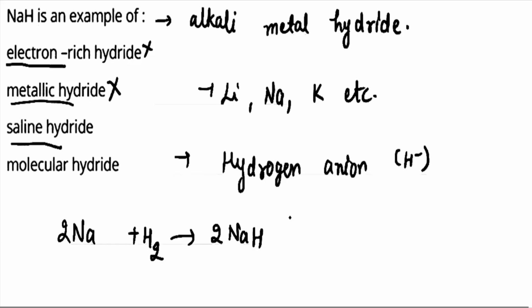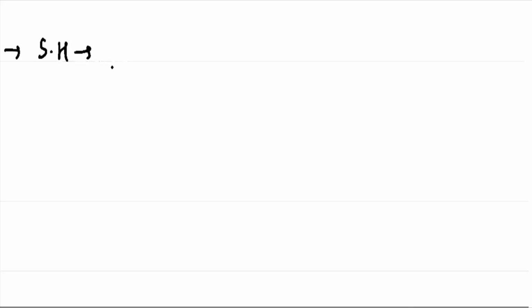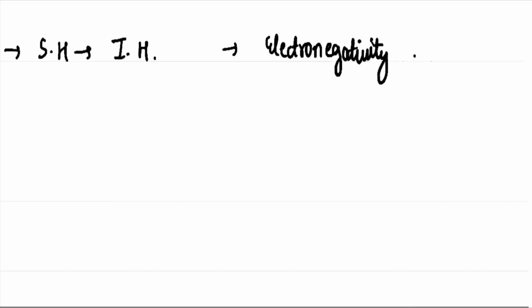Let us see the third option, saline hydride. Saline hydrides are also called ionic hydrides. Metals having electronegativity lower than hydrogen form such hydrides.